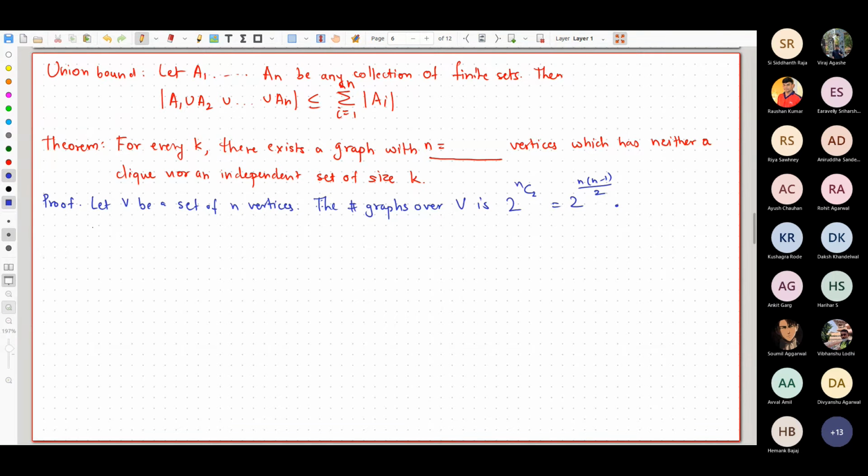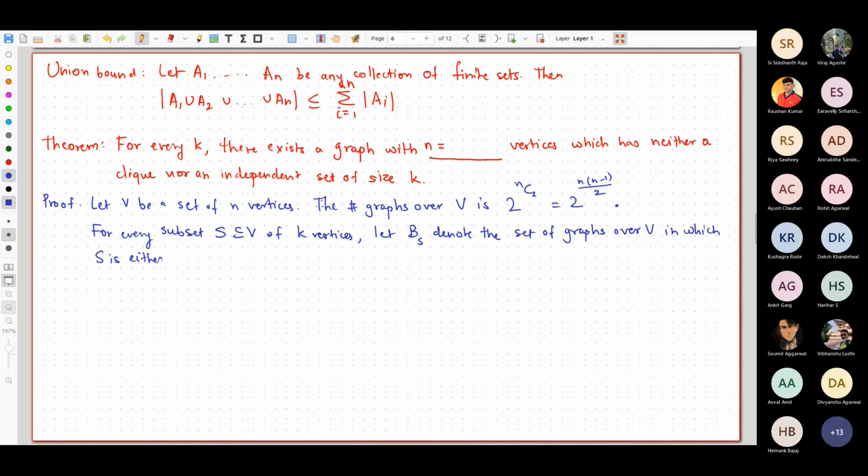So now for every subset S of k vertices, let B sub S denote the set of graphs over V in which S is either a clique or an independent set.